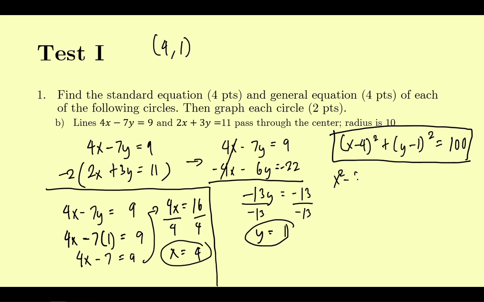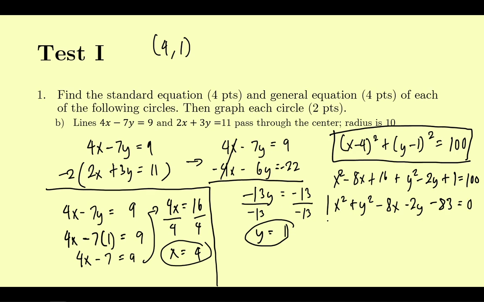X squared minus 8x plus 16 plus y squared minus 2y plus 1 is equal to 100. X squared plus y squared minus 8x minus 2y. 16 plus 1 is 17 minus 100 is equal to negative 83. It's equal to 0. This is the general form. All you need to do is to graph again this circle and you're done.